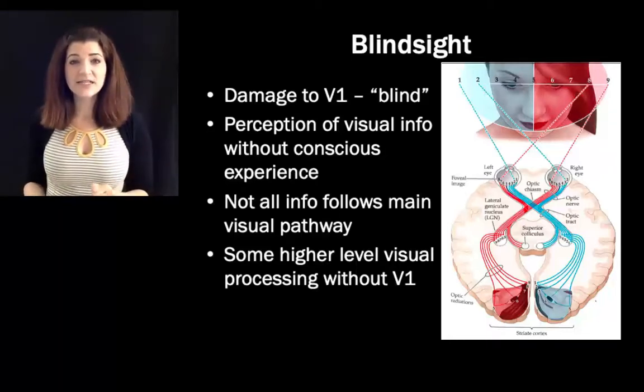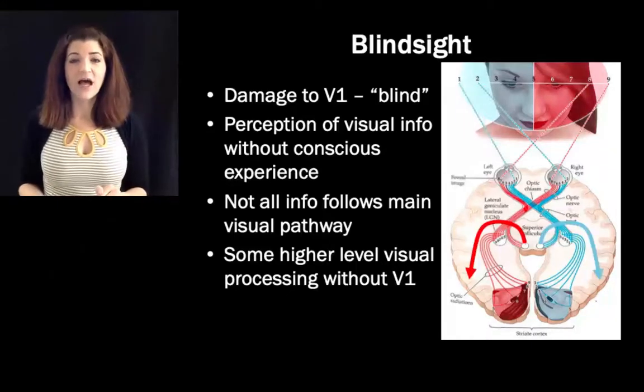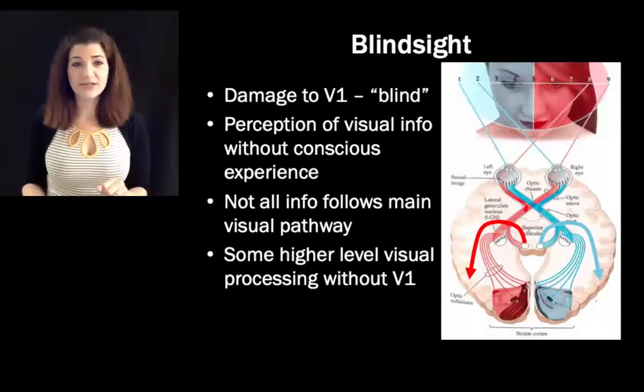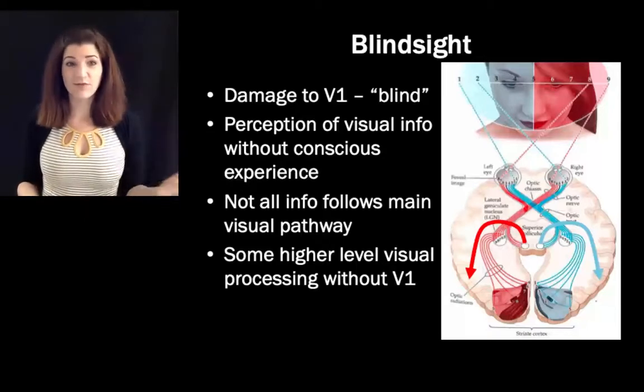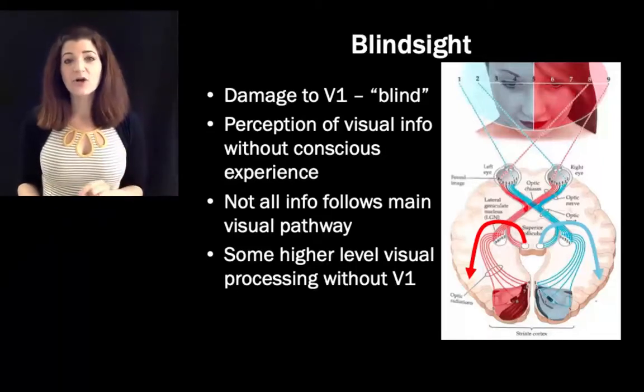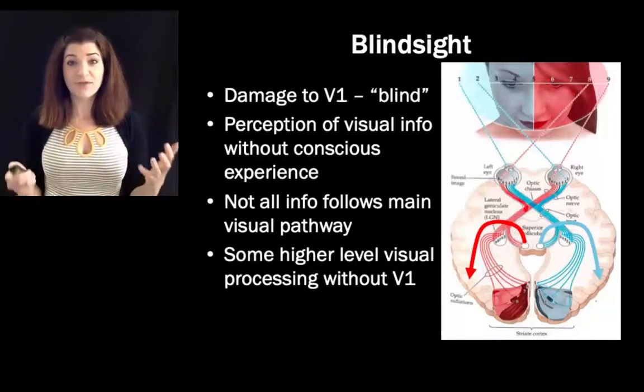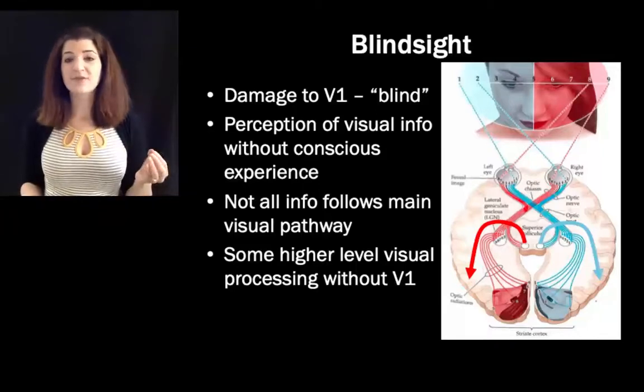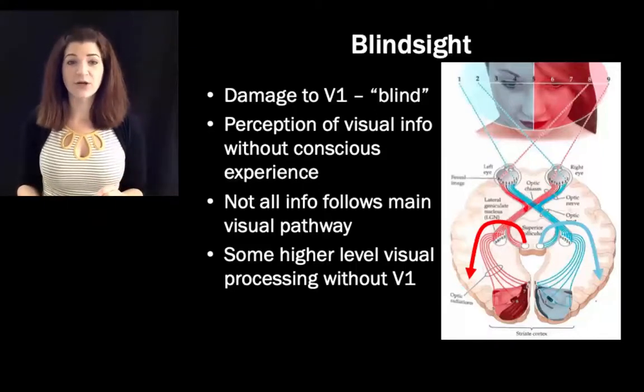In fact, there's this little offshoot here that results in an alternate path that goes from superior colliculus to higher order visual processing regions like V2, V4, V5, etc. So we end up with some higher order perceptual information about the visual field, even in the absence of conscious experience of that visual input.